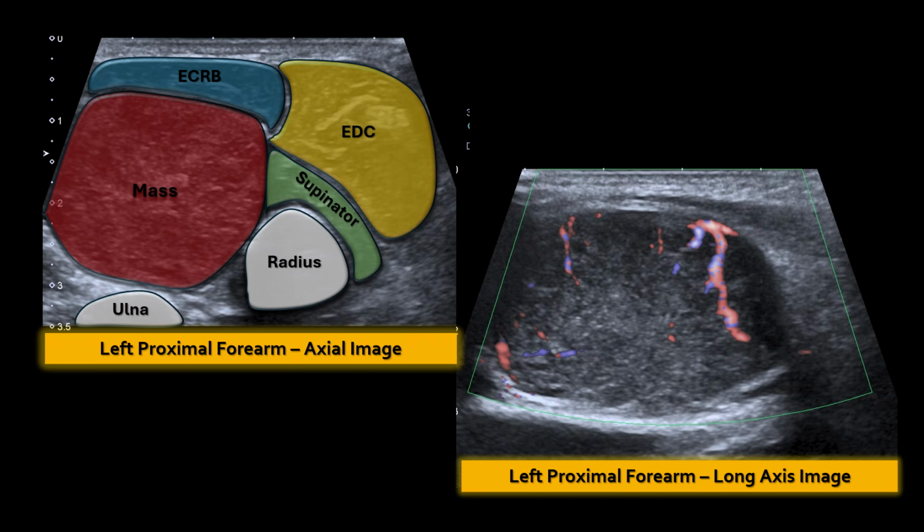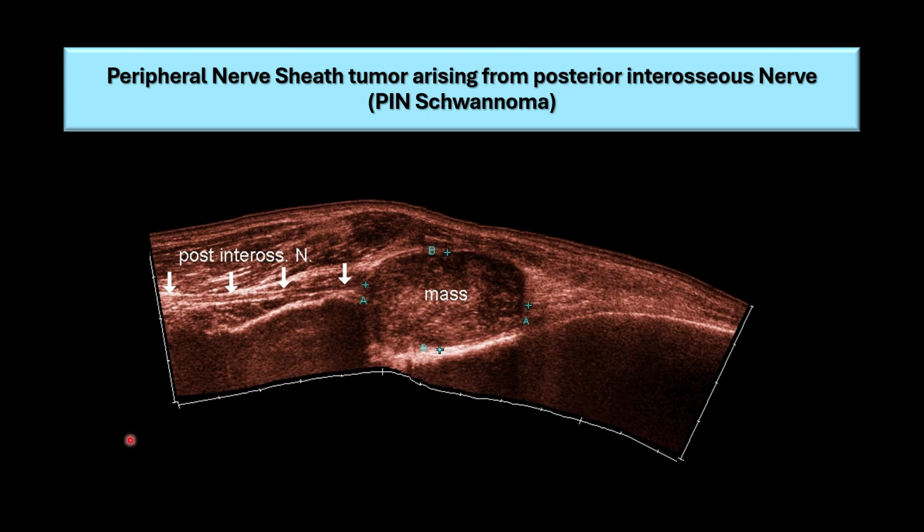If we put on the color Doppler, we can see this mass is showing moderate internal vascularity. This is the panoramic ultrasound image which nicely demonstrates the entire extent of this mass lesion. This is the superior end and this is the inferior end.